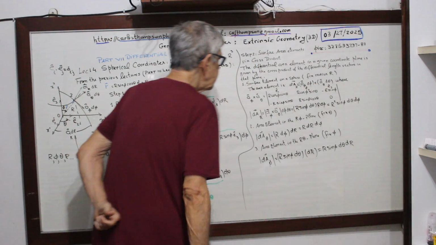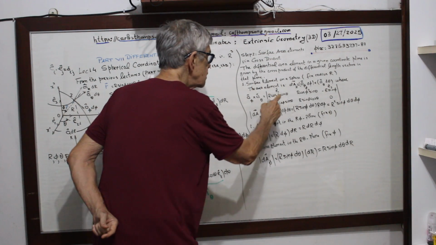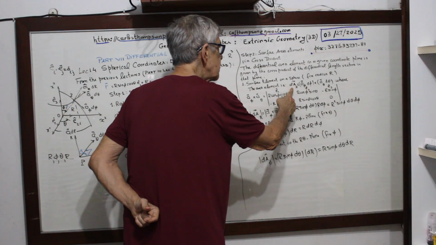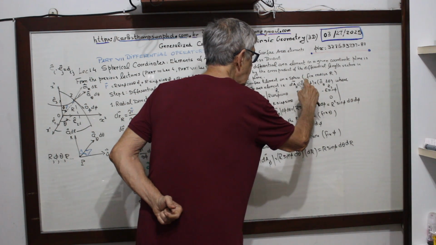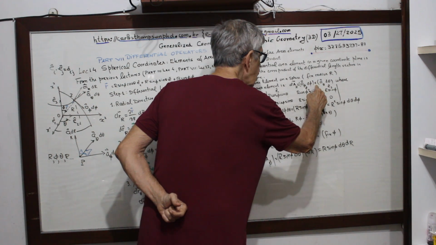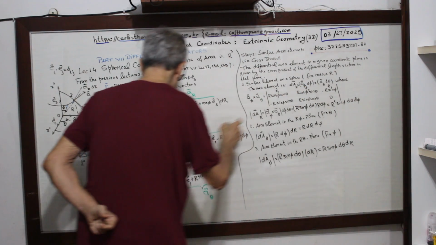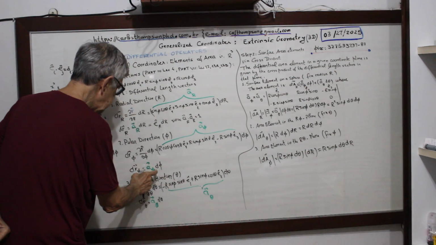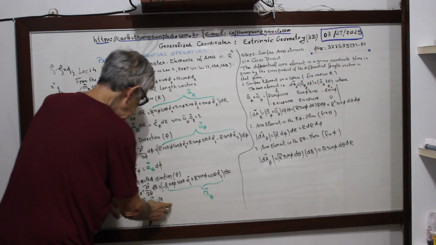Fixed radius. You see that this area element is given by the cross product of the element dr phi cross dr theta. This is what we did here, and this one is right over here.